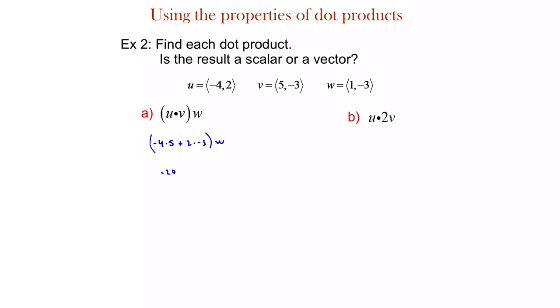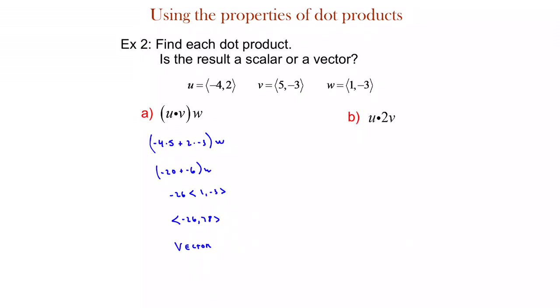So this would be negative 20 plus negative 6, and that'll be negative 26 times vector w, which is 1 comma negative 3. So it's a scalar times a vector now. So that would be a vector, negative 26 and 78. All right, and so that would represent a vector in this case. So the dot product was a scalar, but then we took a scalar times the vector, so we got a vector back.